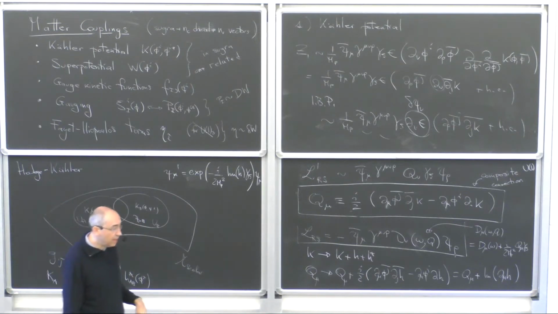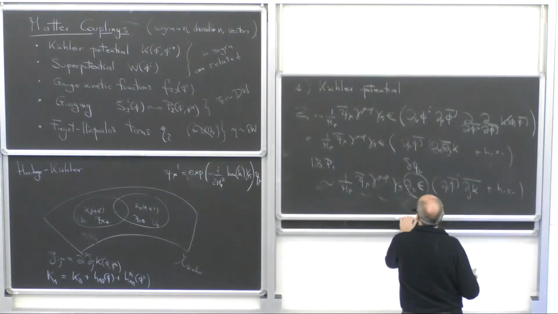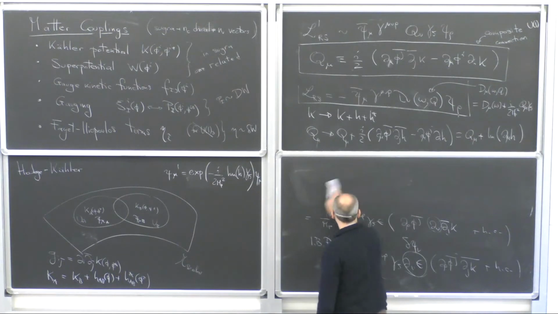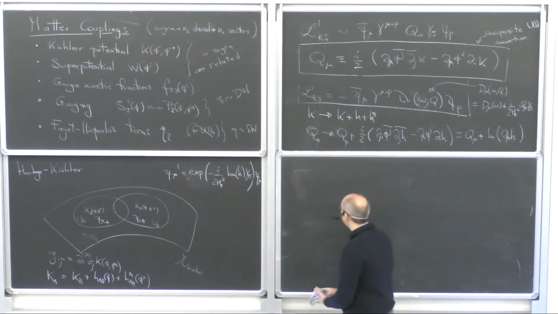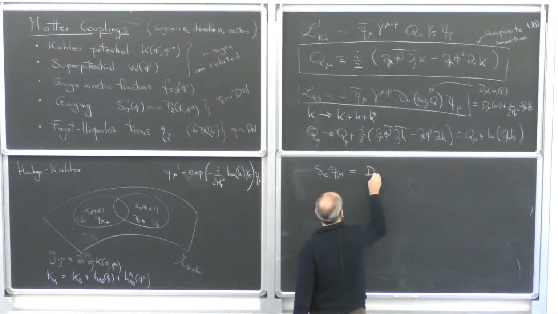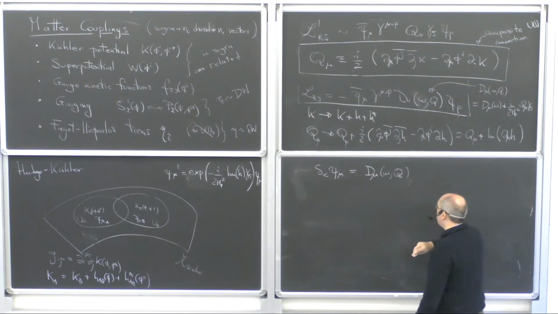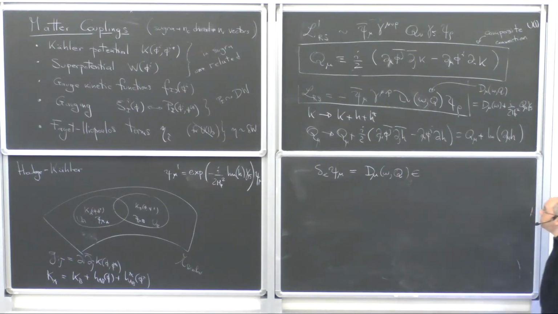And the reason is that, obviously, if the gravitino transforms in this way, you know that under supersymmetry the gravitino, and here also now you will have the same connection appearing, of course, transforms into the supersymmetry parameter.